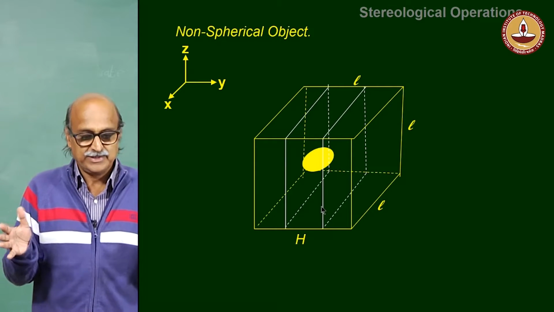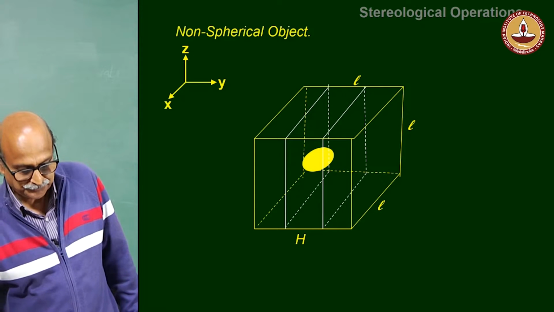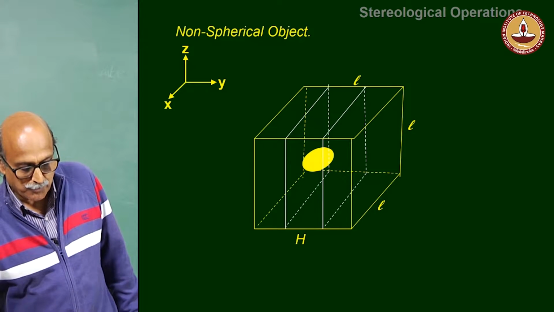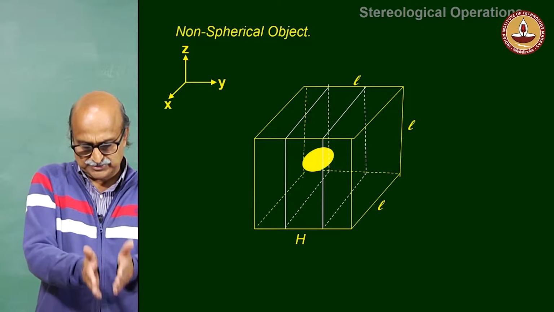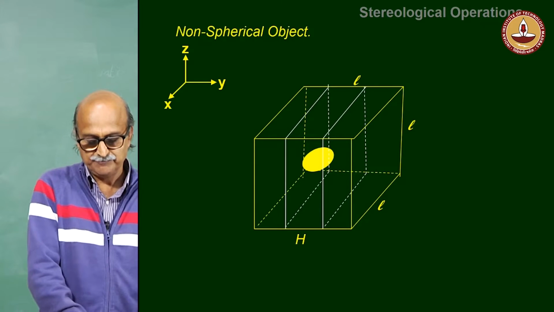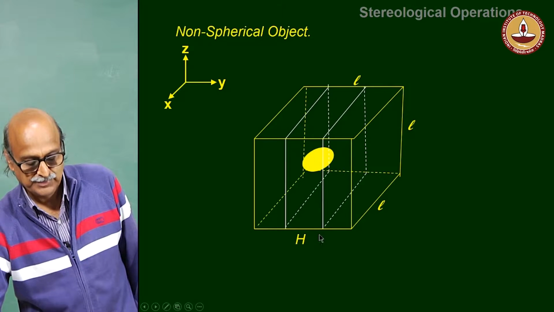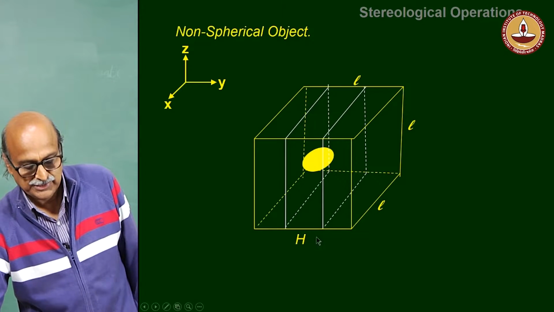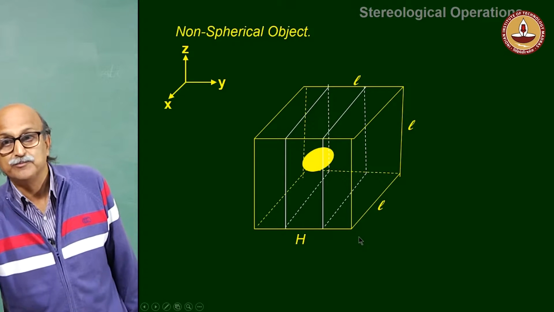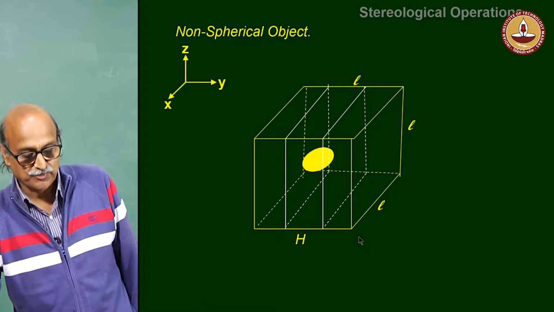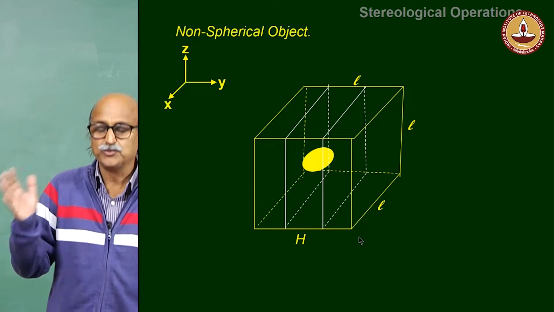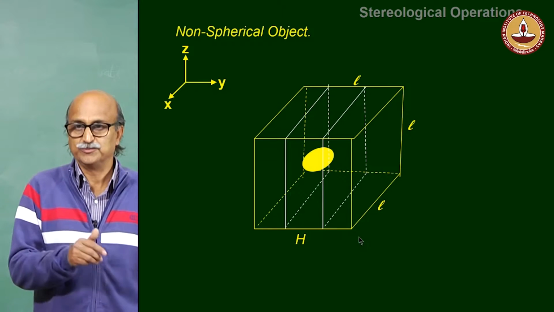If this is the case, then the probability of intersection of the tangent plane would simply be the distance of separation h divided by the total length of the cube. That would be the probability of a two-dimensional probe cutting this object.